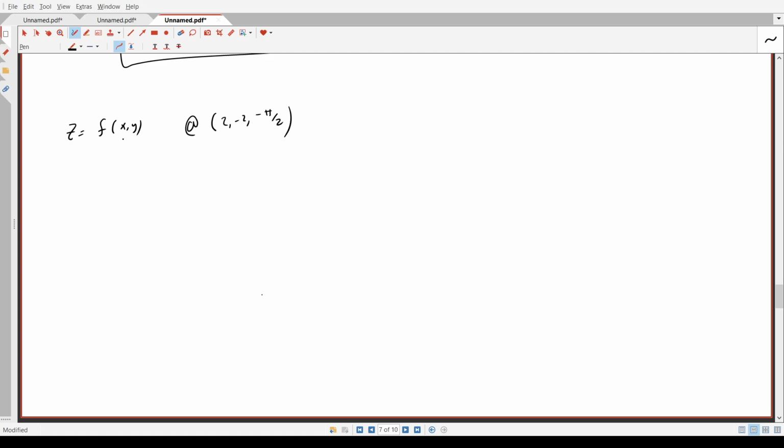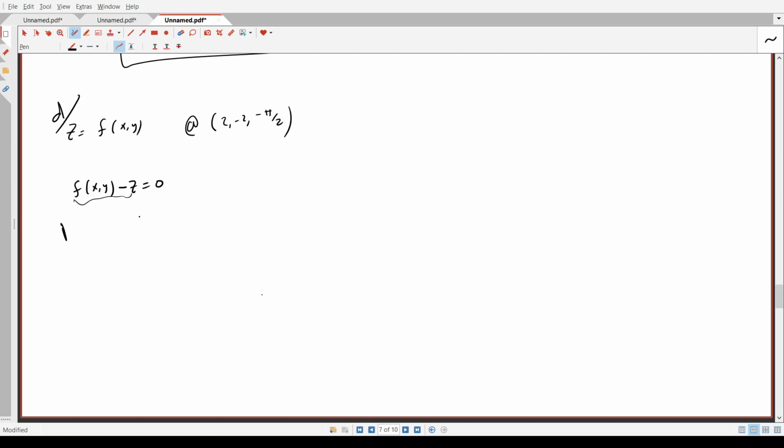Okay, so I need to move all of my variables over to the one side. So I'm going to have, let's do f of xy, let's put this as part D, minus z equals 0. So this is what I want to take the gradient of, okay?